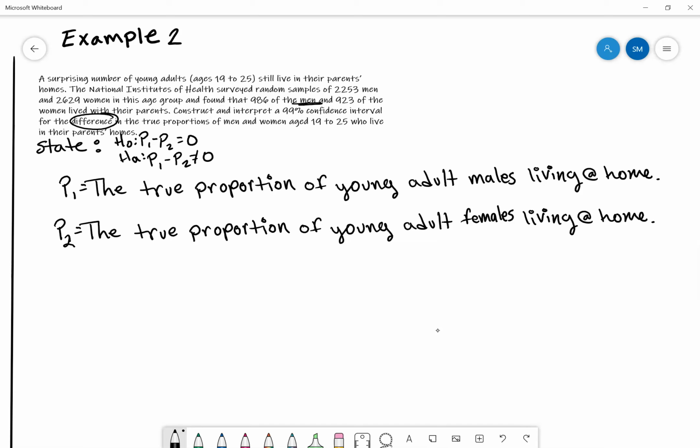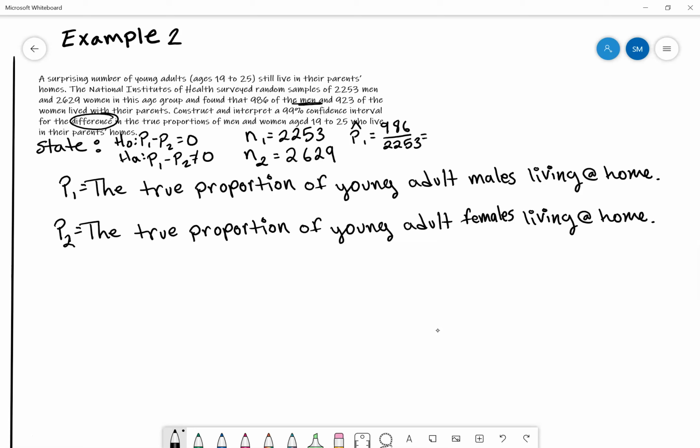So let's go ahead and write down what we know. Our sample size for the guys is 2,253, and they asked 2,629 women. The proportion of those guys living at home was 986 out of 2,253.